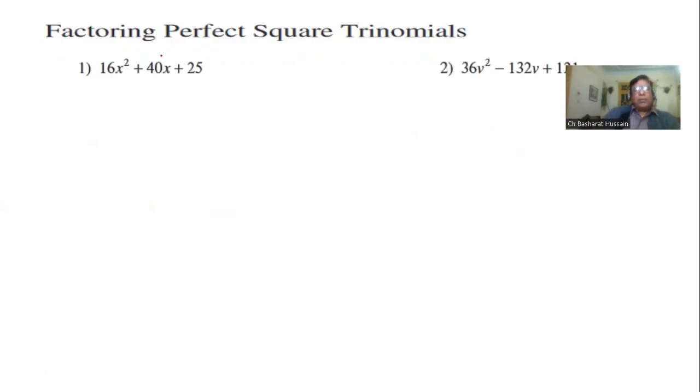Now factoring perfect square trinomials. Trinomial means it contains 3 terms. So 16x square plus 40x plus 25.